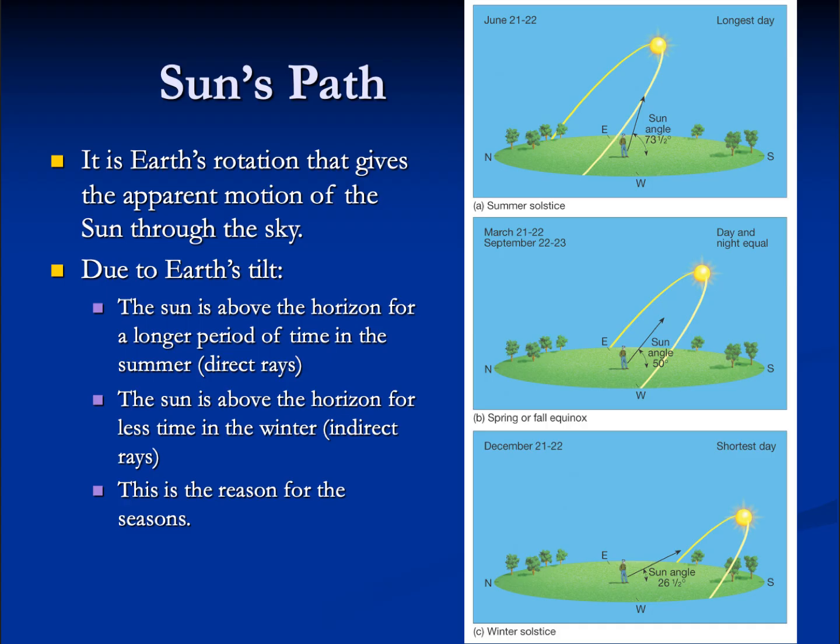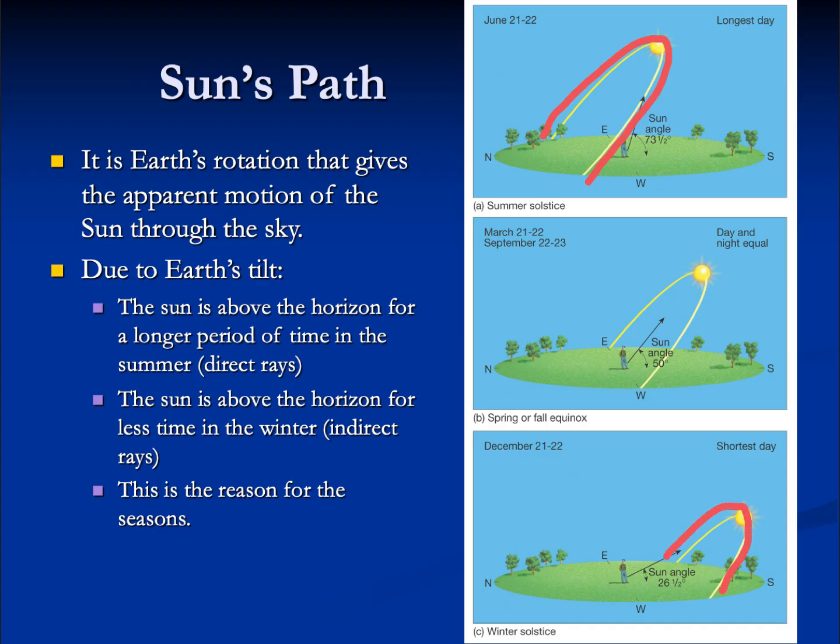A day is always 24 hours, but the number of hours of daylight changes. In Pensacola, we get 14 hours of light during the summer and only 10 hours of darkness. It's reversed in the winter, so we get less light.